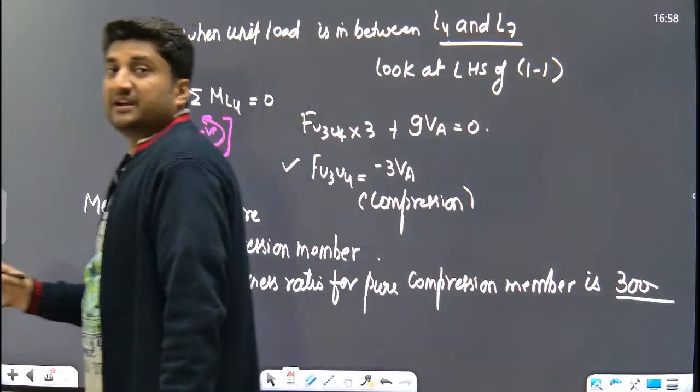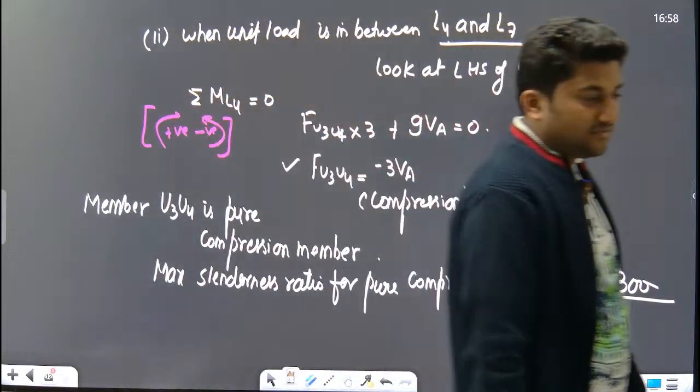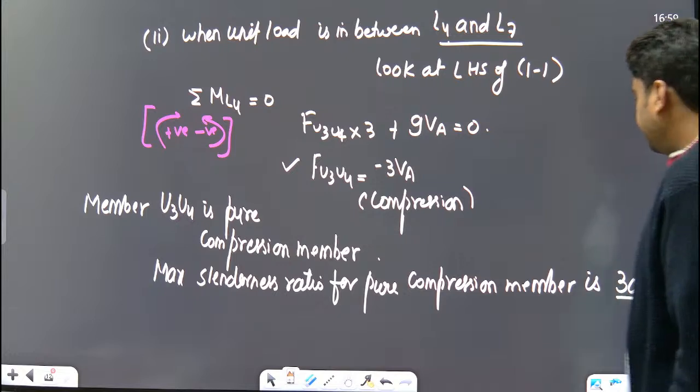And what is the maximum slenderness ratio for a pure tension member? That is 400. Understood? Clear everyone?